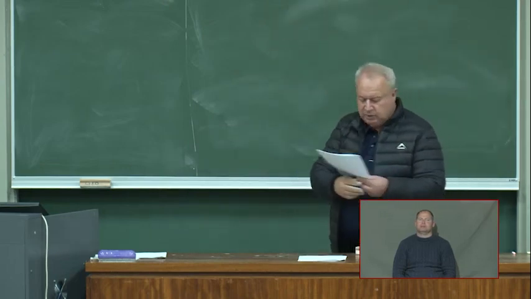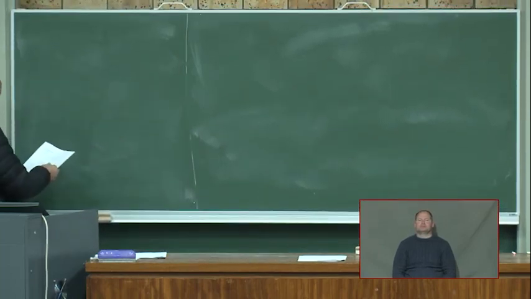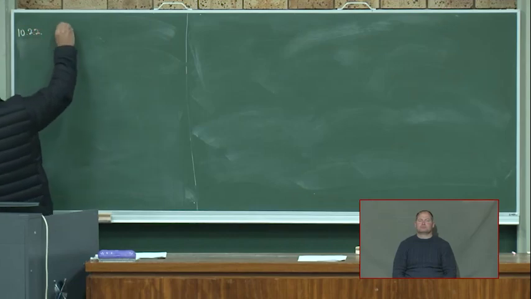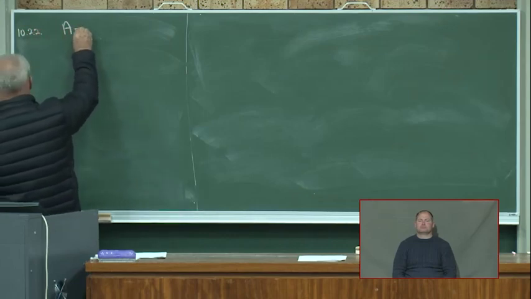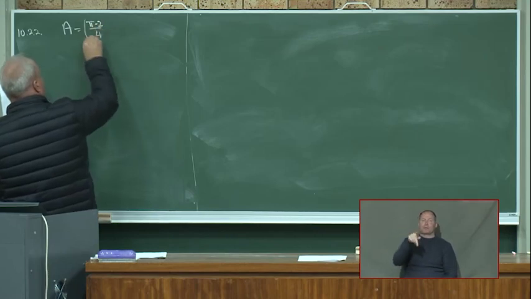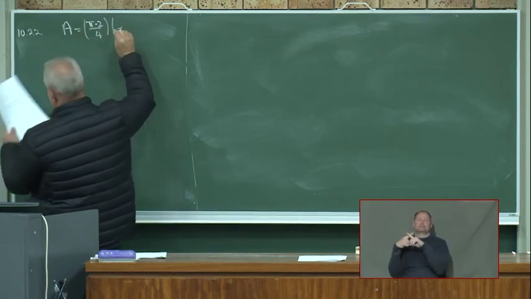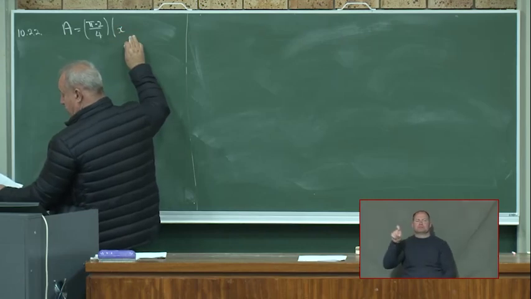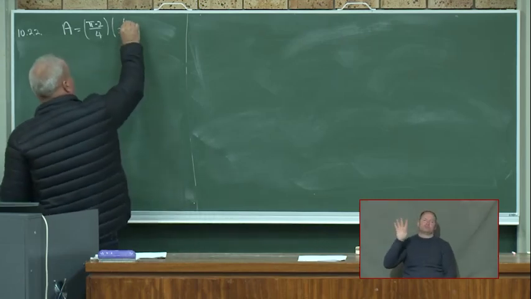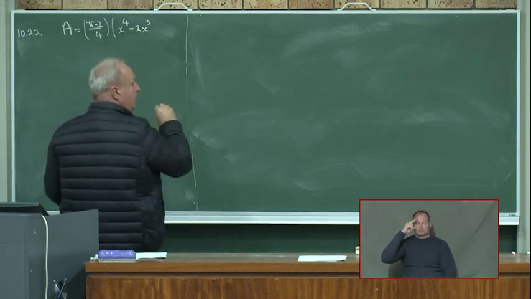Right, let's quickly have a look here. Now we know that area is given by pi minus 2 over 4 multiplied by x to the power of 4 minus 2x cubed plus x squared.